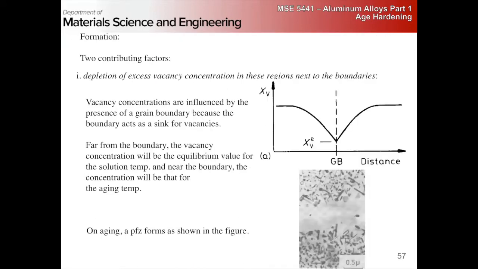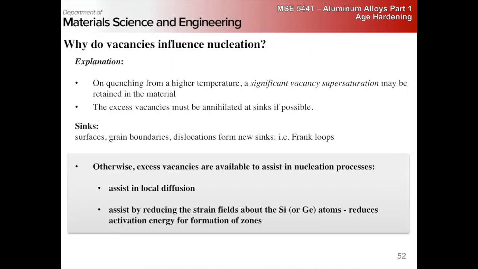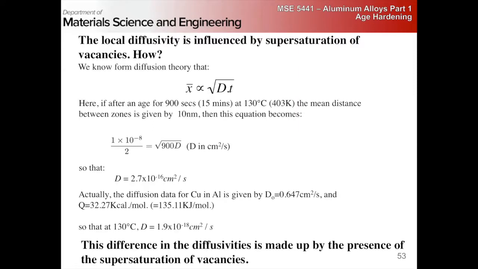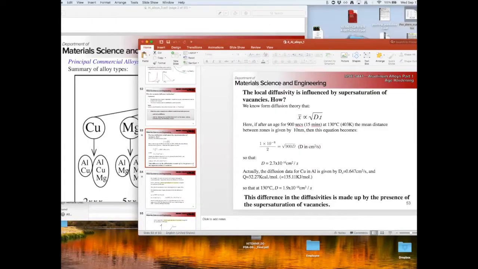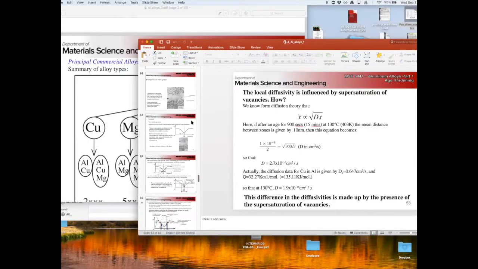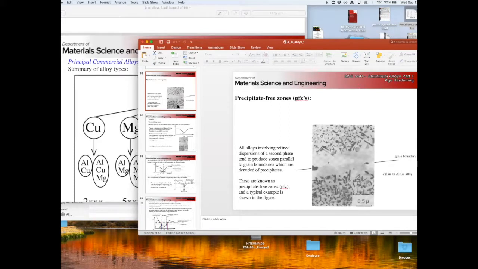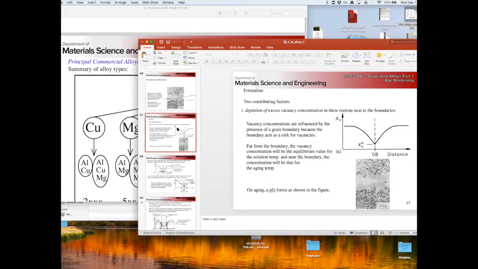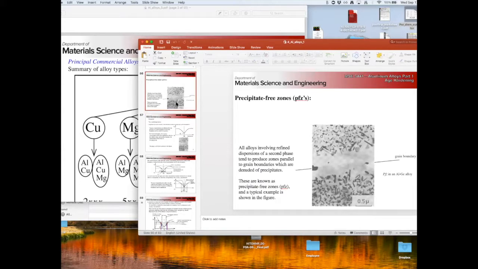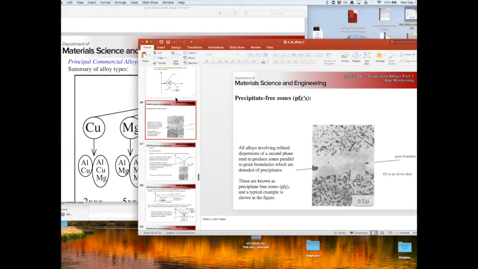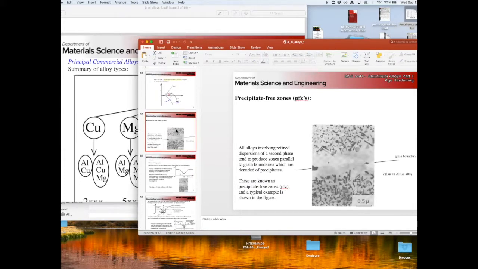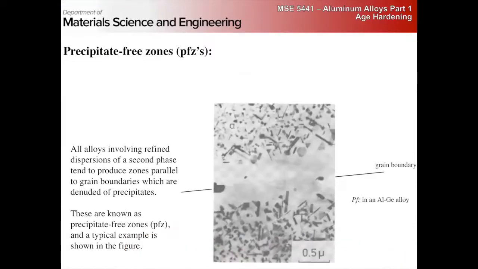So we saw the orientation relationship in aluminum magnesium, right? This is an aluminum germanium alloy. This also is going to have an orientation relationship.